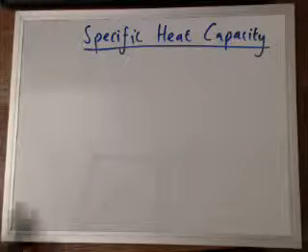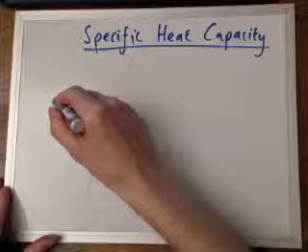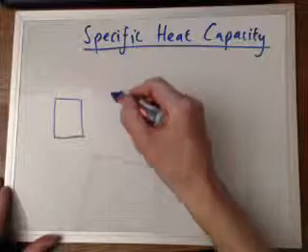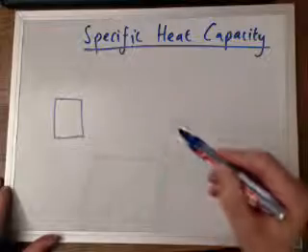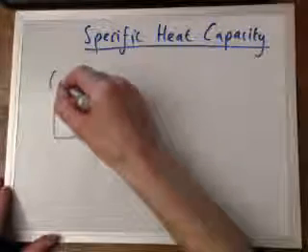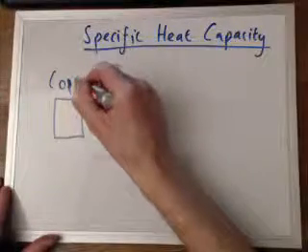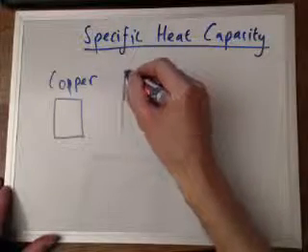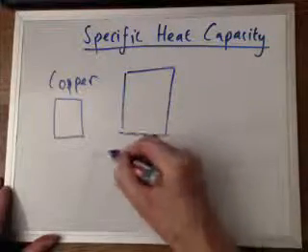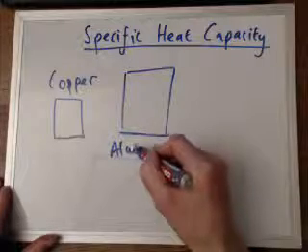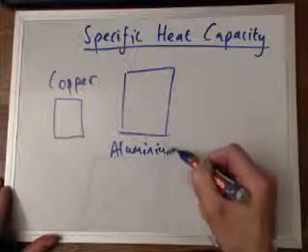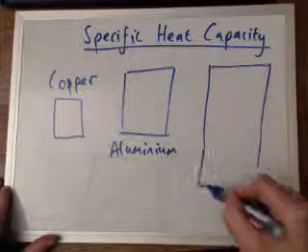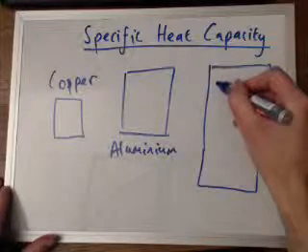So let's say we have three objects, one made of, let's say, copper, one made of aluminium, and a container of water.